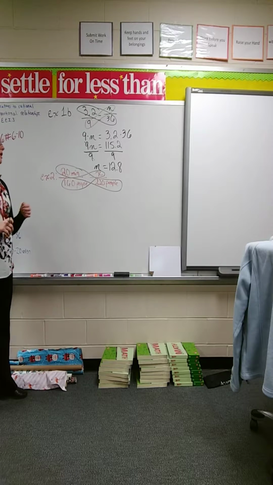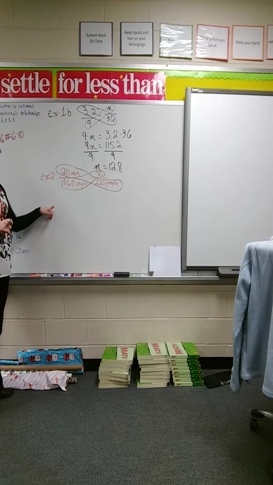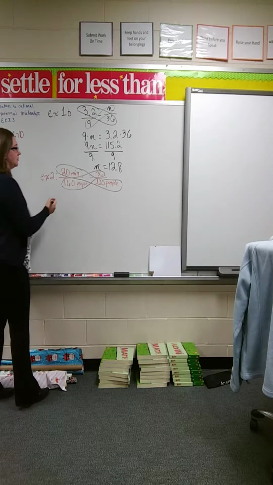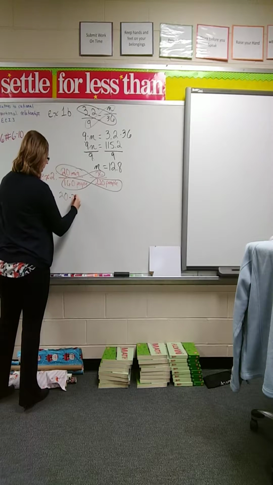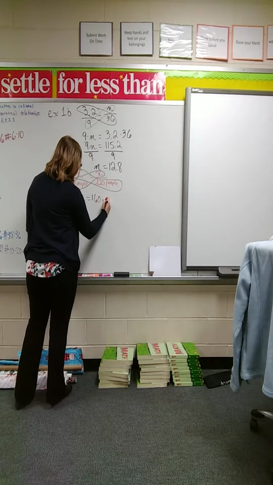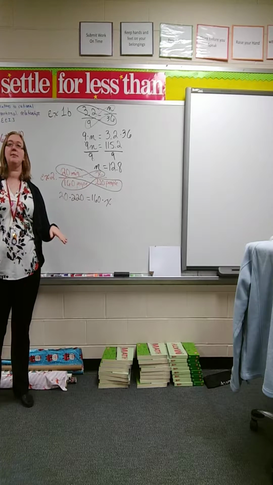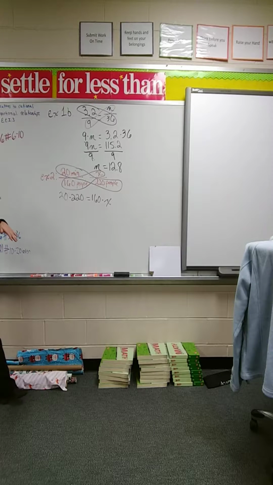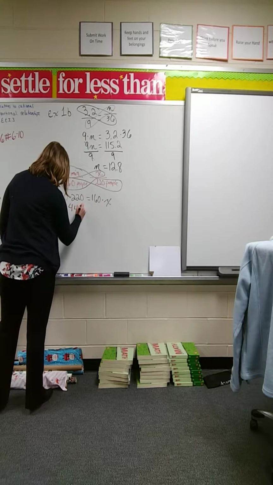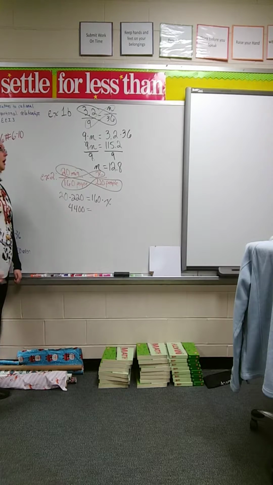When we cross multiply, what am I multiplying together? What's my first line of work here going to say? 160 times x. So does it matter which side the variable's on? No. As long as you keep the same quantities together, it doesn't matter. What's 20 times 220? 4,400. And that equals what? 160x.